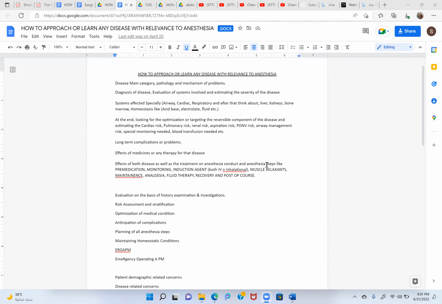So muscle relaxant of choice in a diabetic patient, anything specific? Sir, nothing specific. The maintenance you will do by any inhalation agent. Fluid therapy and diabetic control. You have to tell this, because I told you it is important. Yes, I missed point of care testing. What do you mean by point of care testing?